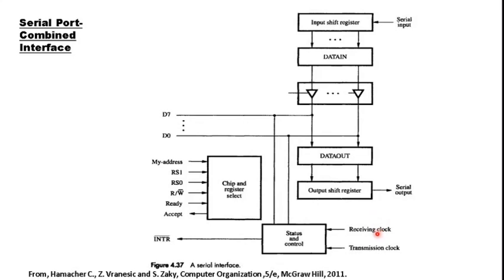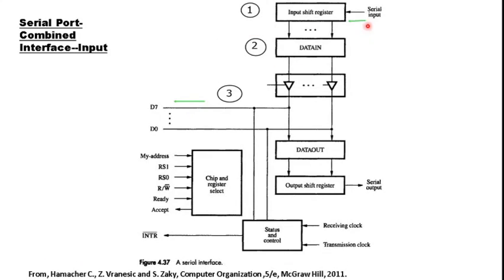There will be multiple clocks for different purposes, and here we have a receiving clock for input and a transmission clock for output, and that is the main distinguishing feature of this serial interface from a parallel interface, right? That part is handled by the status and control unit or status and control circuit. So these are the main parts of a combined serial interface, and we will see how input and output happens.